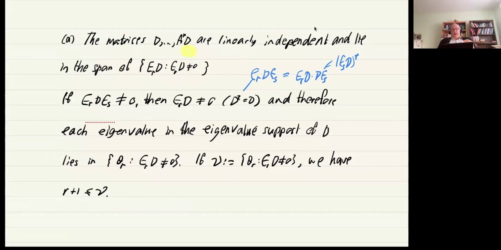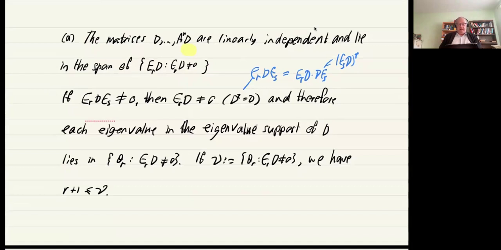So if E_r D is 0, then E_r D E_s is certainly 0. So what I'm saying is that if this is 0, then E_r D is not 0, and similarly E_s D is not 0.